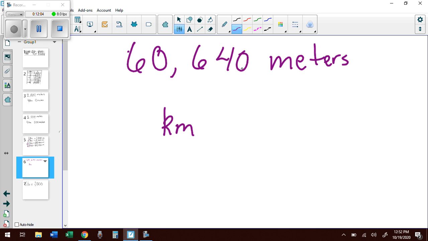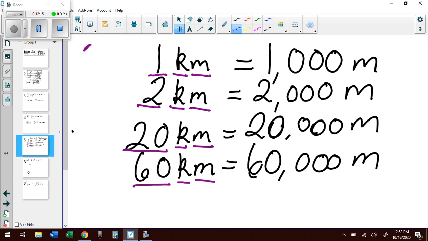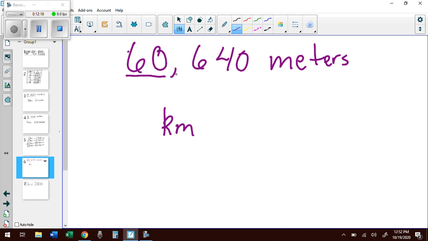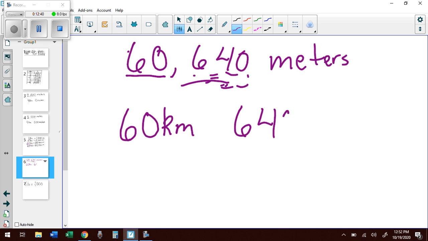Now, that trick of ones, tens, hundreds, thousands, but if we rely on a chart like this, we know that there are 60,000 in 60,640. And how many leftover meters? 640 meters.